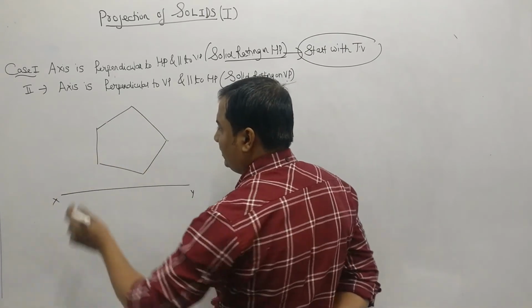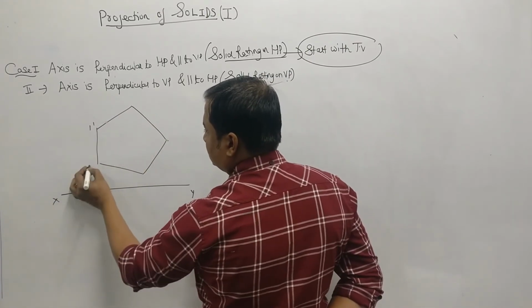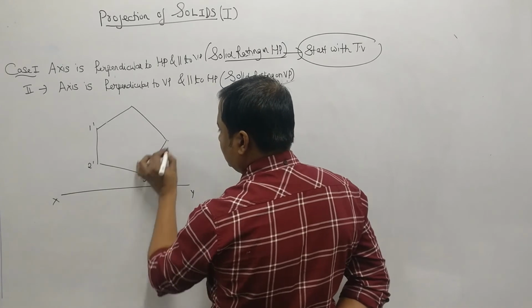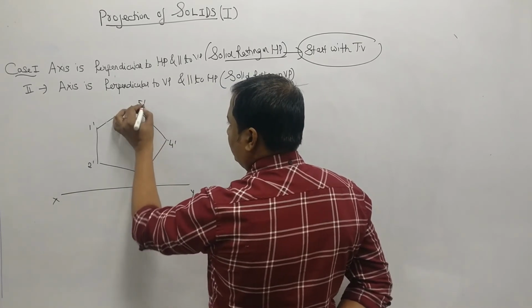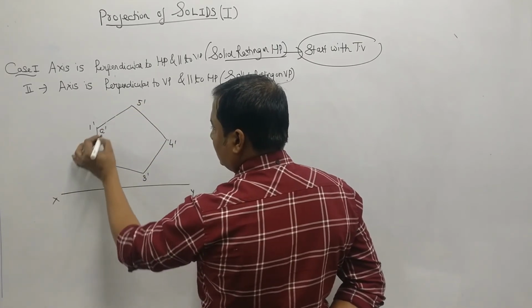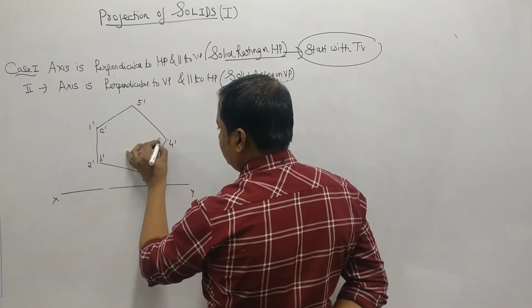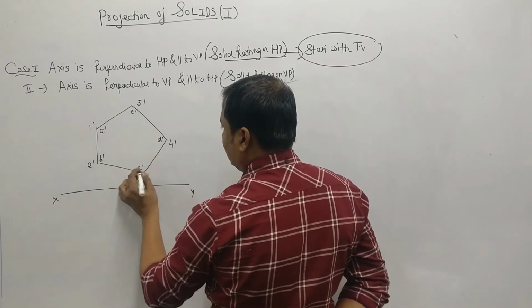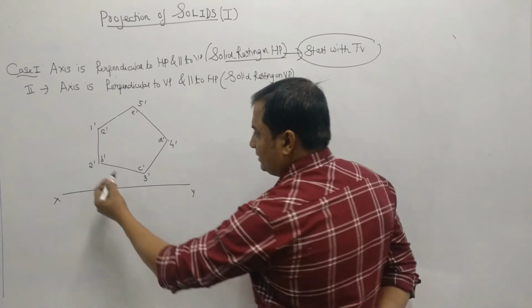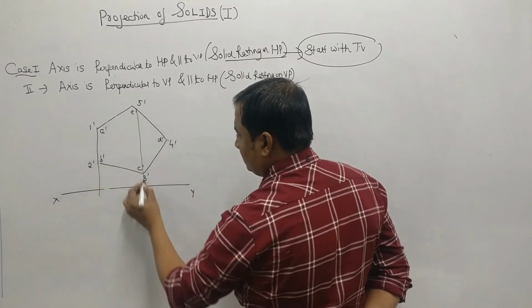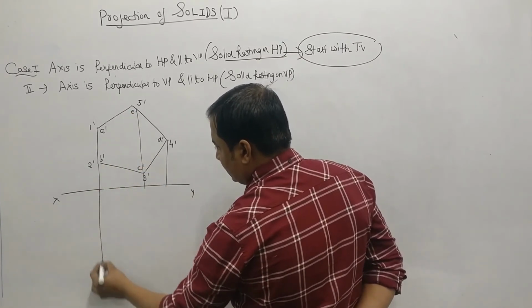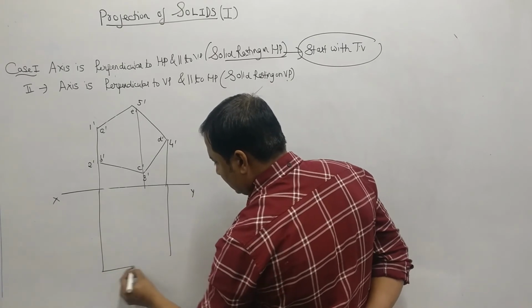Naming, there will be double naming, so this will be, suppose, 1 dash, 2 dash, 3 dash, 4 dash, 5 dash, and alphabets A dash, B dash, because this is the front view. Projectors will be very light. The top view will be a rectangle of the given required height.